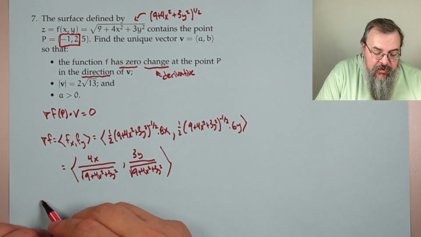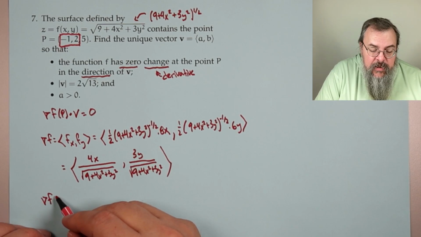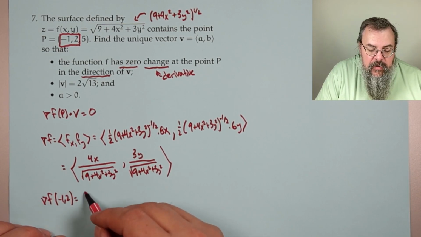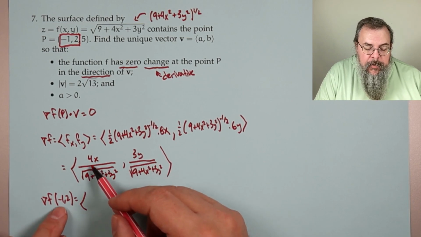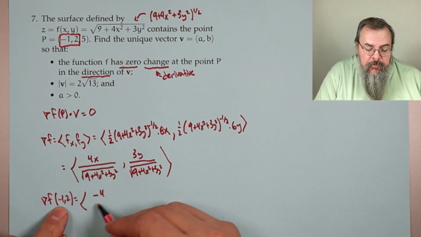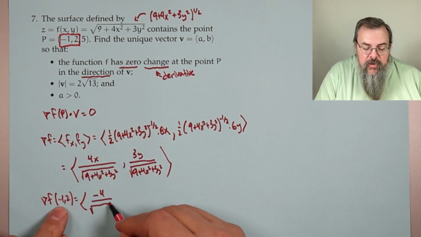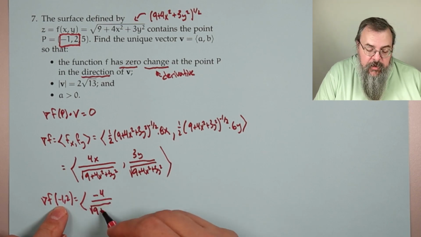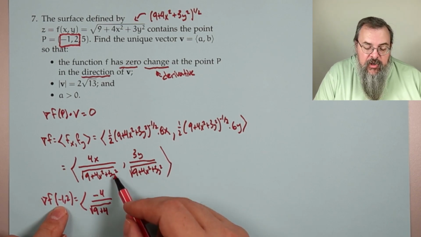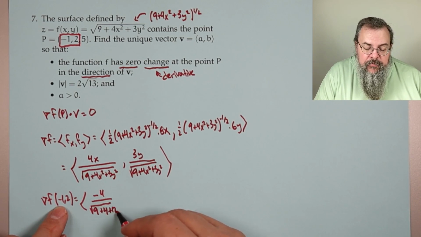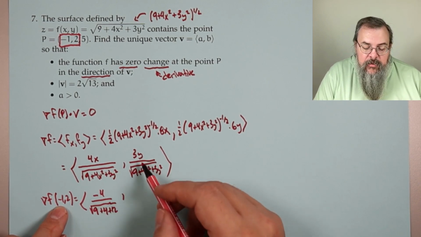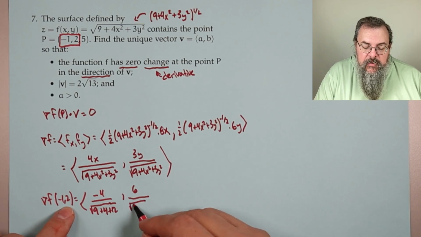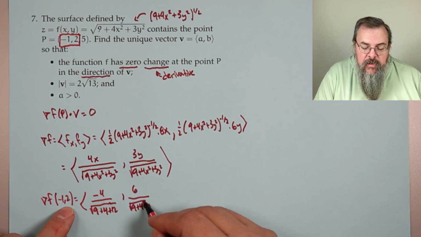And so gradient f at -1, 2 is, well, 4 times -1 is -4 over the square root of 9 plus 4 times -1 squared, that's 4, and 3 times 2 squared is 12, and comma, 3 times 2, 6, over, again, the square root of 9 plus 4 plus 12.